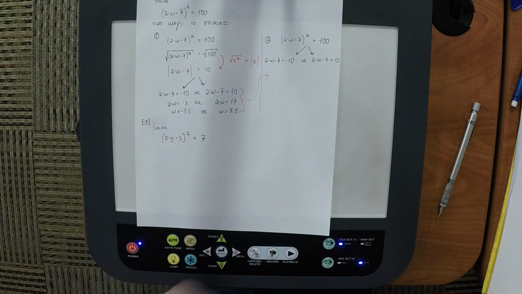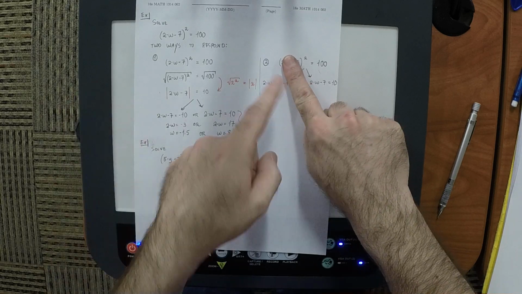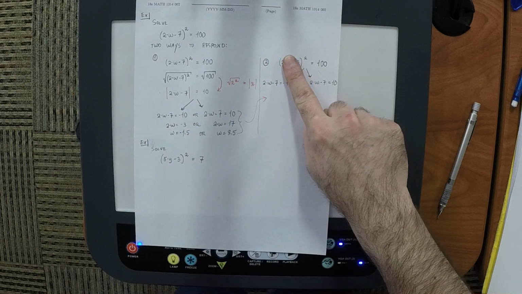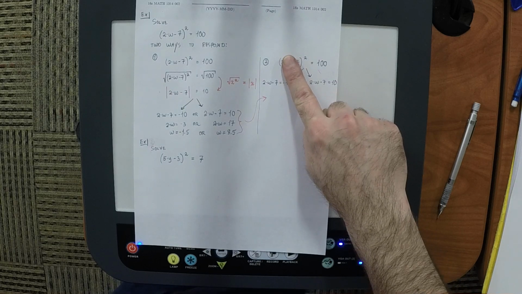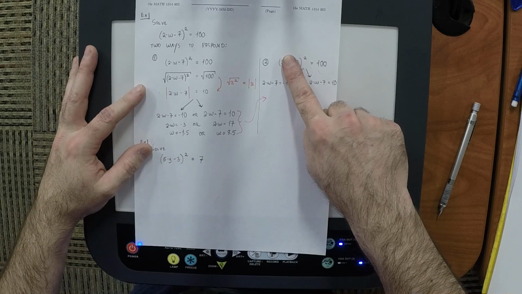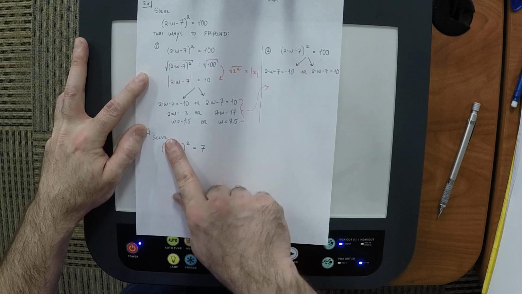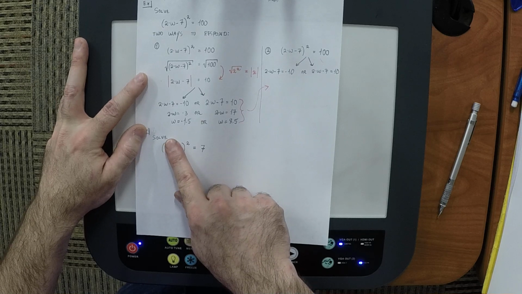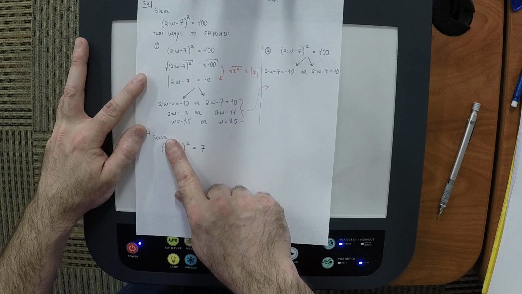But what I want to point out is that when I did this on the previous exercise and I said I need something to square to 100, most of y'all said 10. And then you said, oh, yeah, negative 10. And it was pretty straightforward. But now, if I do the same trick here, a lot of y'all have a little bit of pause and say, wow, I don't think there is anything that squares to 7.